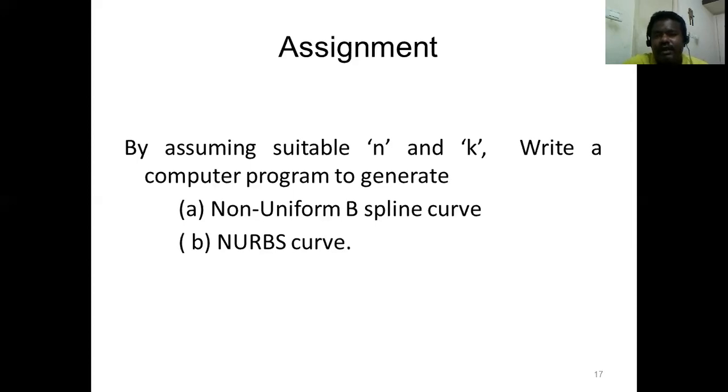If you have developed a code and generated a curve using computer code, the method, algorithm, or flowchart, how you generated it and what steps are involved, you can explain it to me also. I also do not know the coding for generation of a B-spline curve, so that can be explained to the class. Okay, so with this, curves are over.